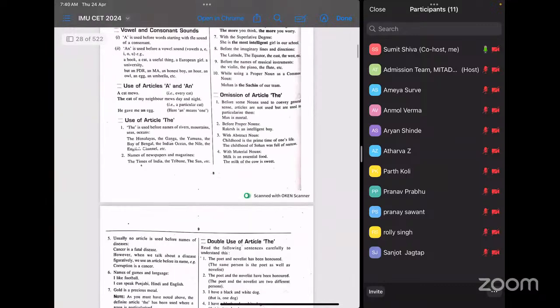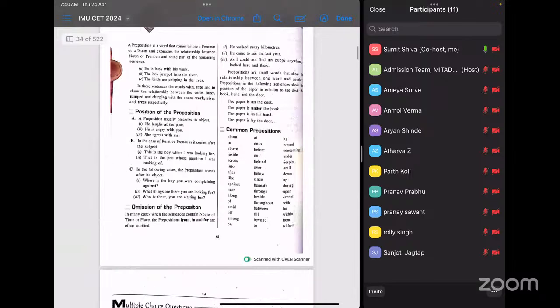In physics, we have done Newton's laws of motion.